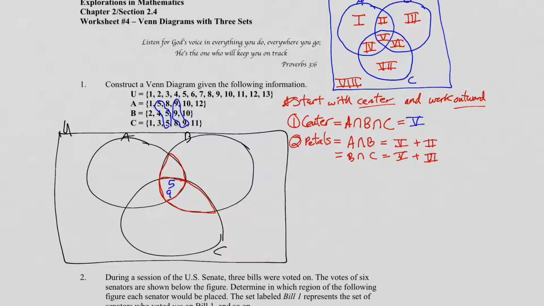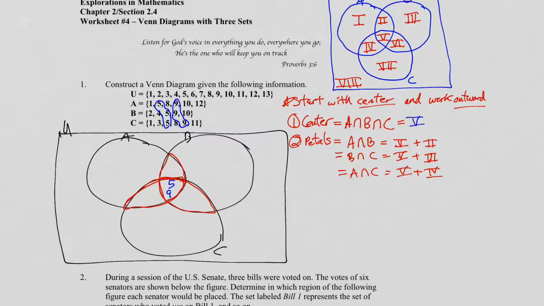Okay, and then intersection of A and C, I should say. It's also region 5 plus region 4. And that is right here.